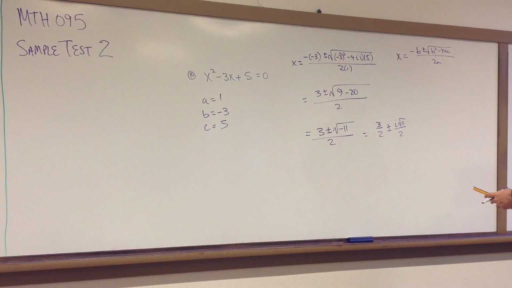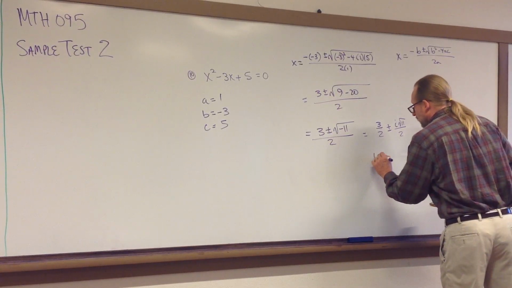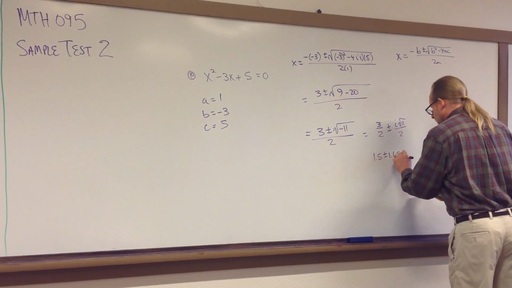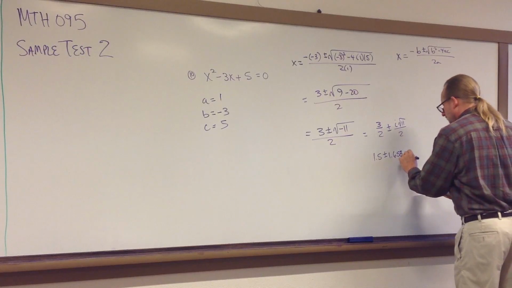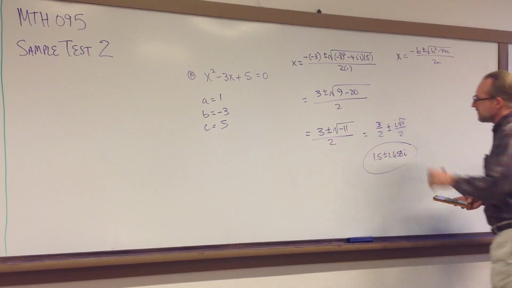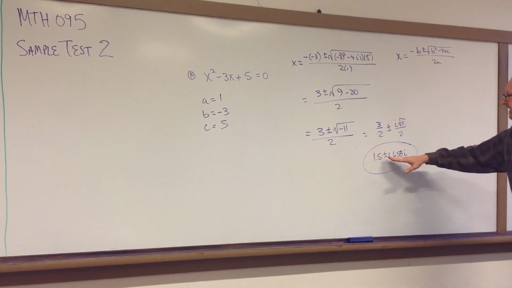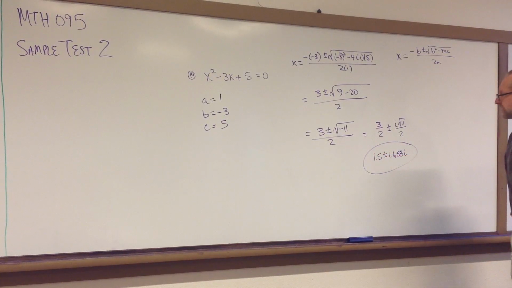And so this is going to be 1.5 plus or minus 1.658i. And those are our 2 answers, 1.5 plus 1.658i and 1.5 minus 1.658i. All right, that's number 10.